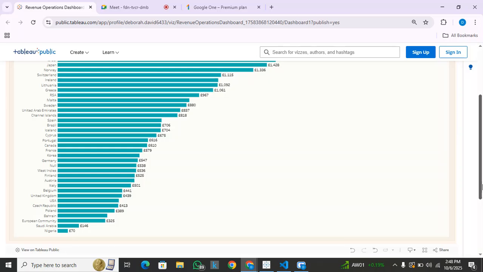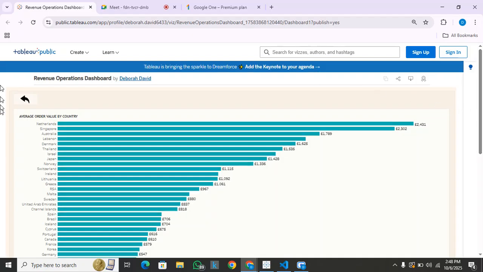The United Kingdom is somewhere down here, even though they have the highest revenue share. They are low on average order value.